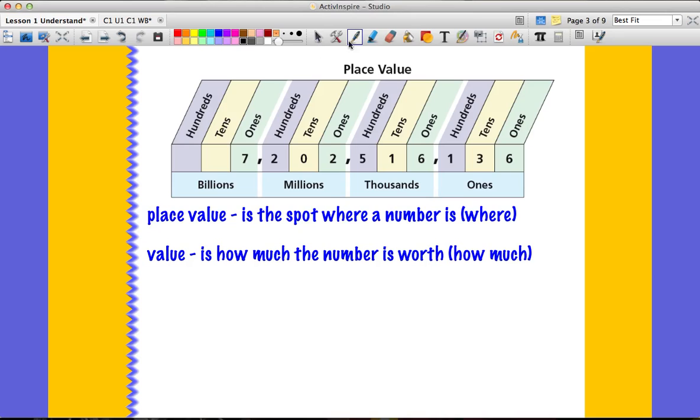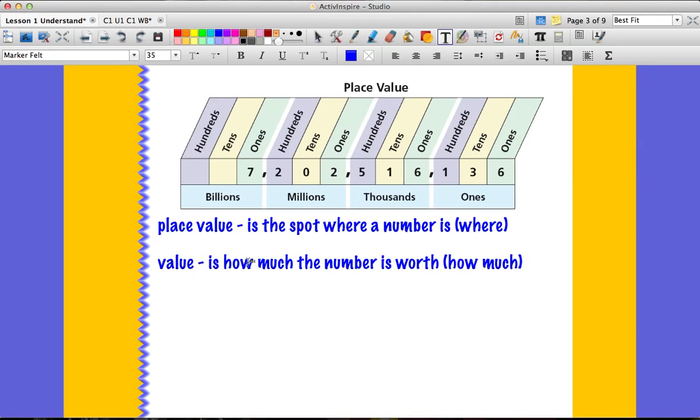I gave you a spot below to actually write down the numbers, so I'm going to help you write that out. And when we write our numbers, we write them using words. We don't use numbers.